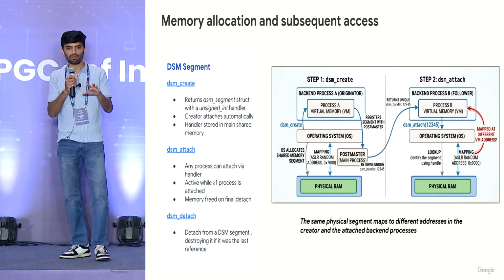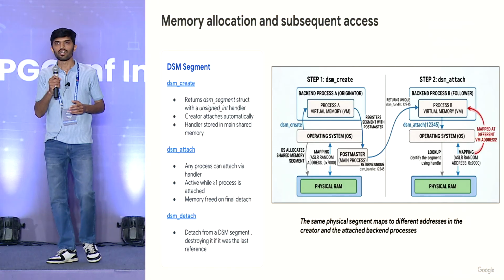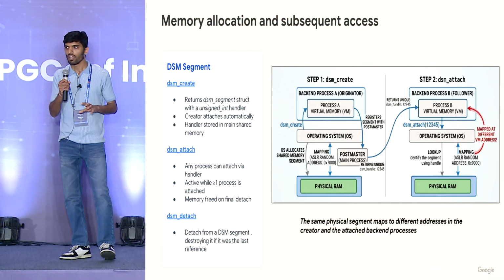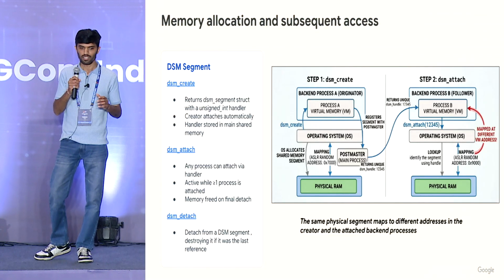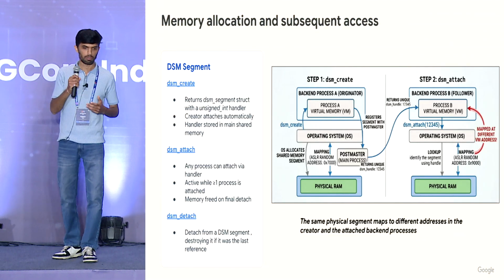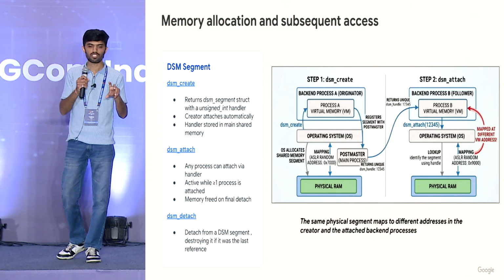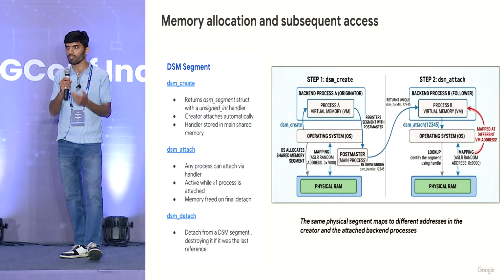On the right, let's talk about how, let's say there are two backends, A and B. They need some amount of memory at runtime for some coordination. So let's say backend process A is the one which is actually creating this memory. It uses the DSM create function to request the OS for a specific amount of memory. As part of the function argument, we pass, let's say, 5 KB of memory.